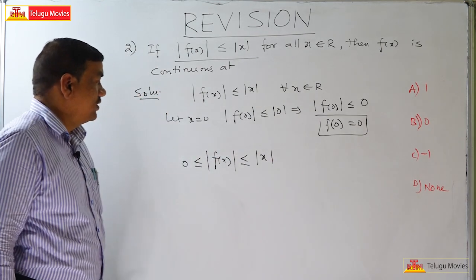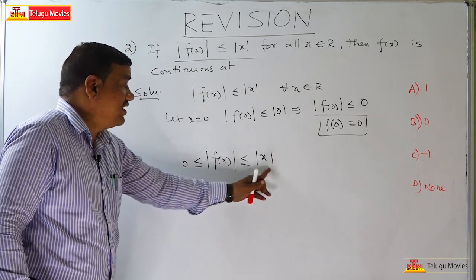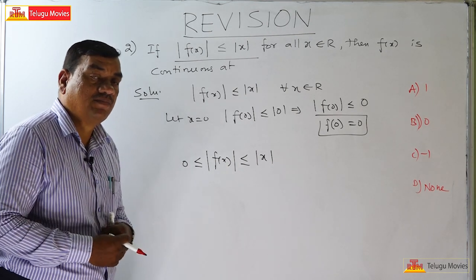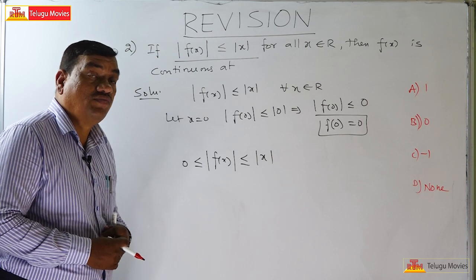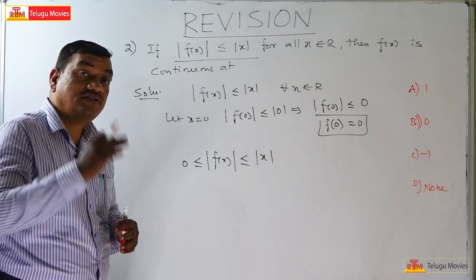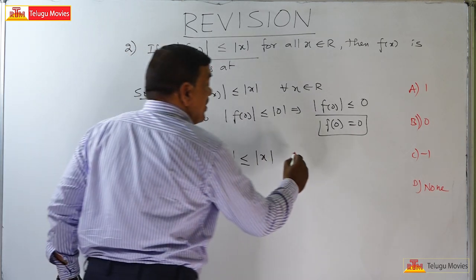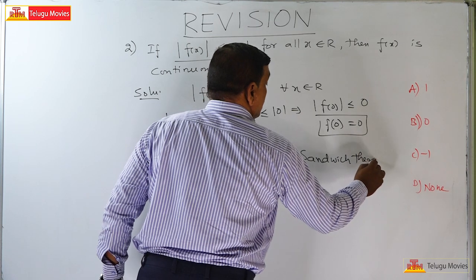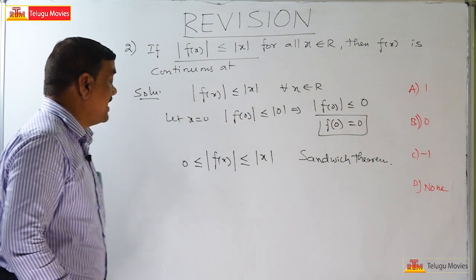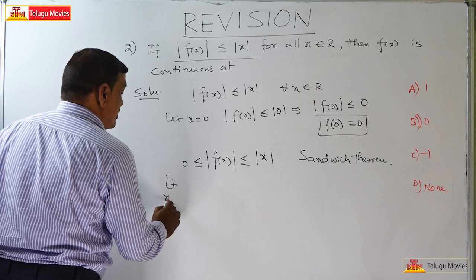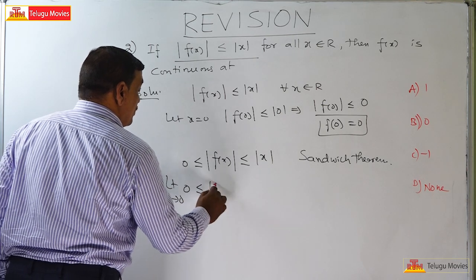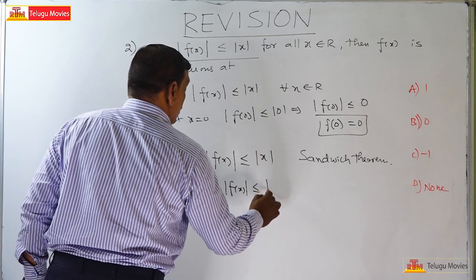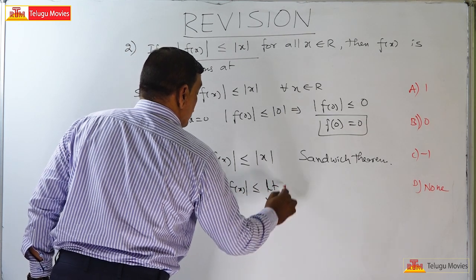Whenever such a type of inequality appears between functions, immediately think of the sandwich theorem. So now I am going to apply the sandwich theorem. As x tends to 0, 0 is less than or equal to limit x tends to 0 modulus of f of x, which is less than or equal to limit x tends to 0 mod x.